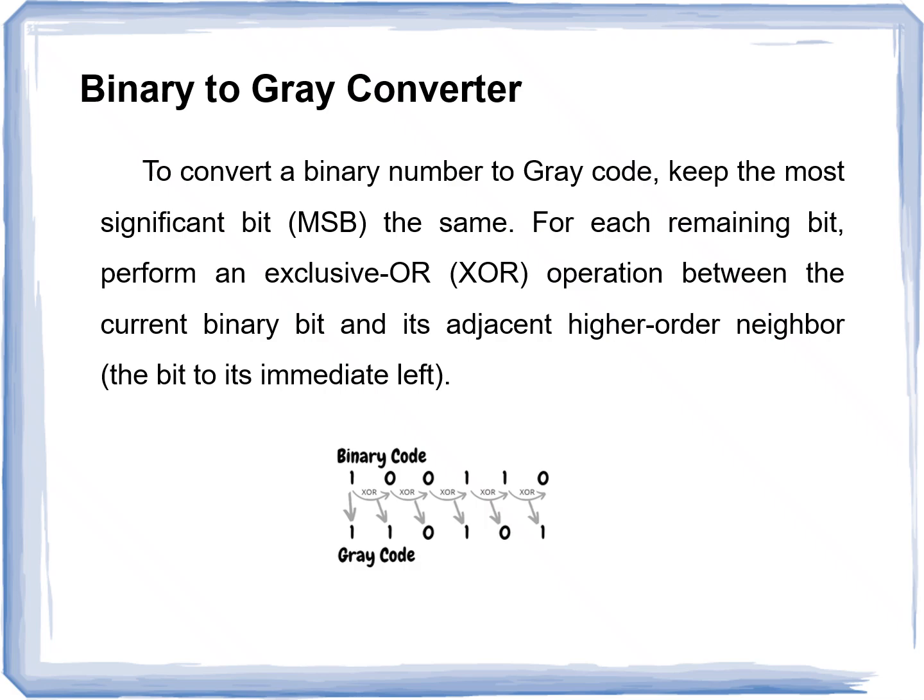Then this 1 performs the XOR operation with the neighboring 1 and the output is 0. Then this 1 performs the XOR operation with 0 and the output is 1. Likewise, it converts the binary code value into a gray code by using the exclusive OR operation.